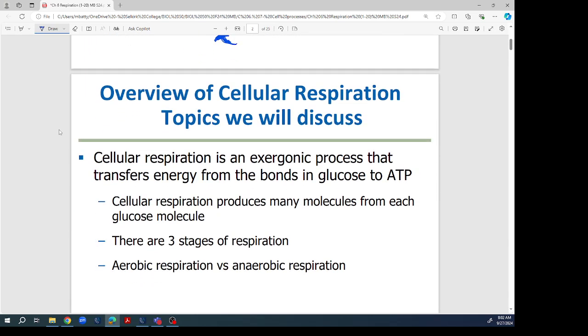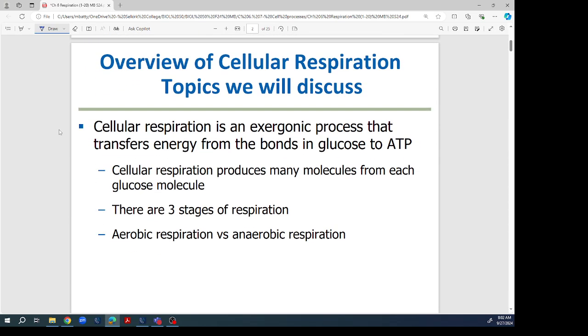So we have a bit of an overview, and I'm going to divide this up into three sections because there are 3 stages of respiration. If we carry on from last day, cellular respiration is an exergonic process, that means that it takes glucose and the potential energy in that and transports it into ATP.